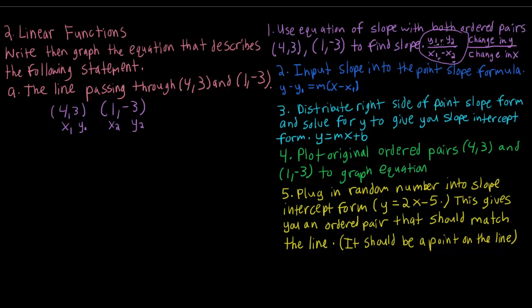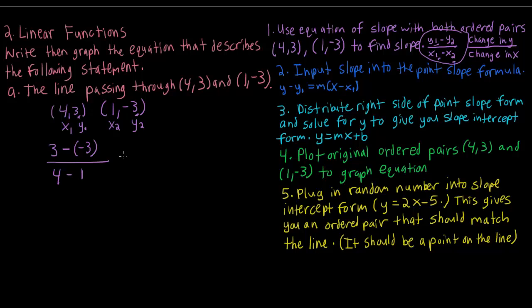First we take our y1, which in this case is 3, minus y2, y2 is -3, so minus negative 3, divided by x1, which is 4, minus x2, which is 1.